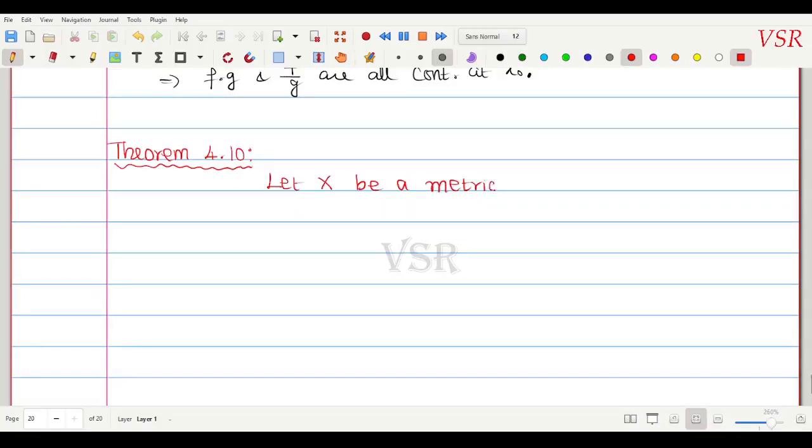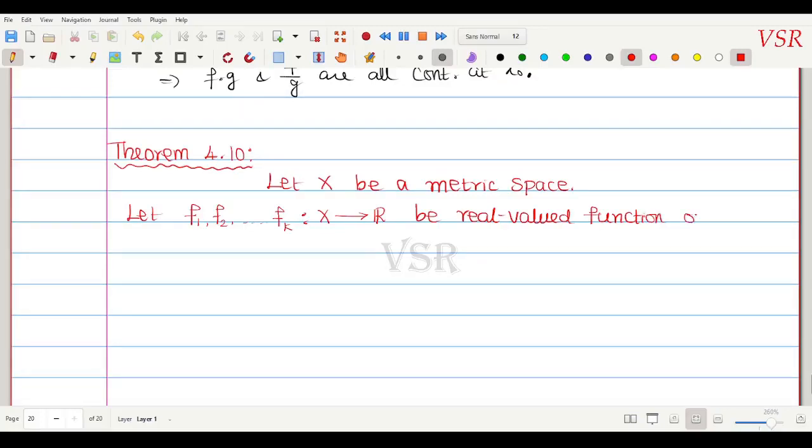Let f1, f2, up to fk be functions from X to R, real valued functions.